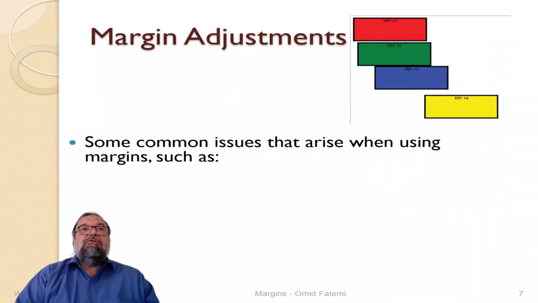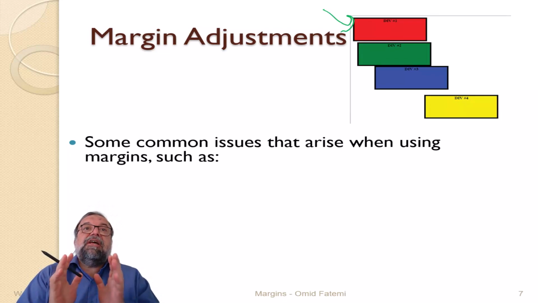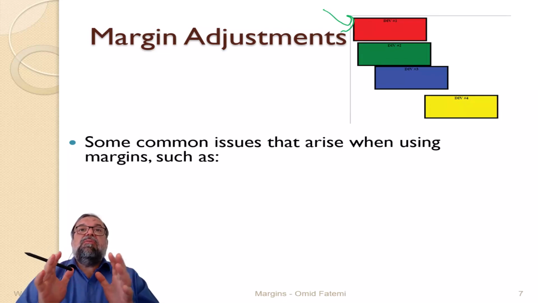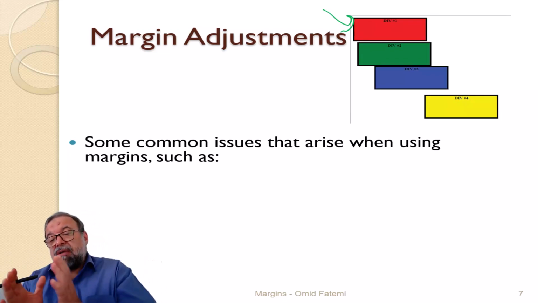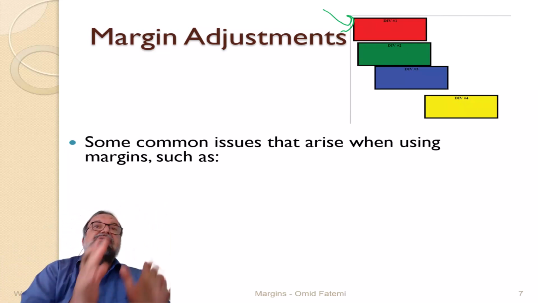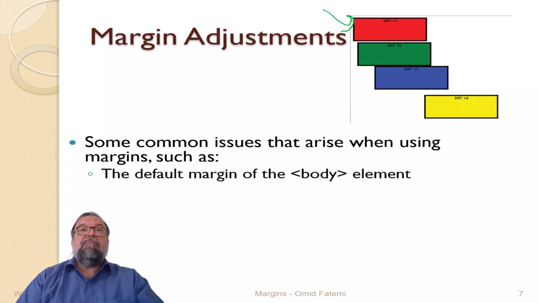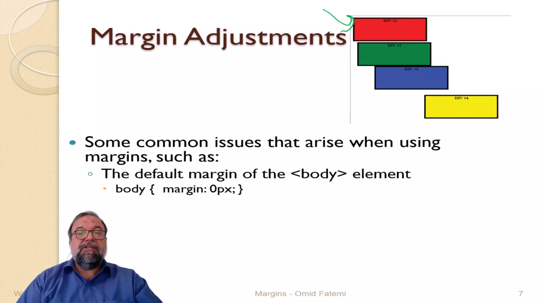So what issues did we notice here? The first one was about this margin. You should make sure that the body has a 0 margin, so your boxes don't move around. So we should put a default value of 0 for the body element in our CSS.